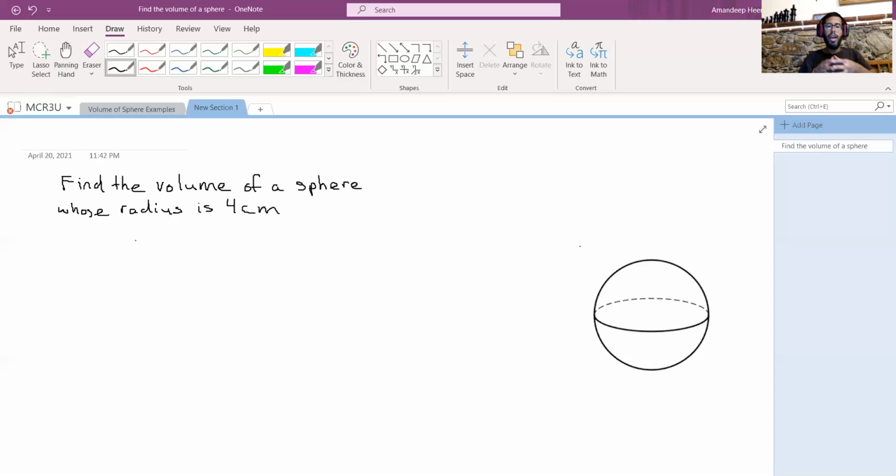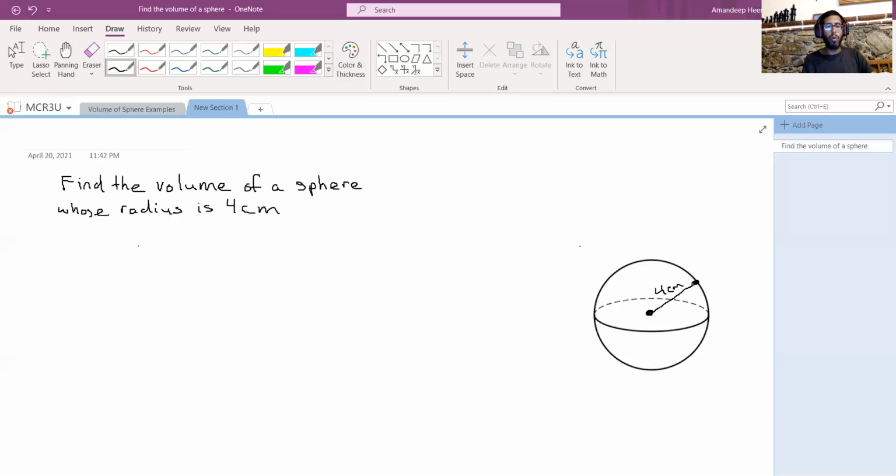If we draw our diagram, here's our sphere, and if you draw the center here, the distance from the center to the point on the surface of the sphere is 4 centimeters. So that's our radius.